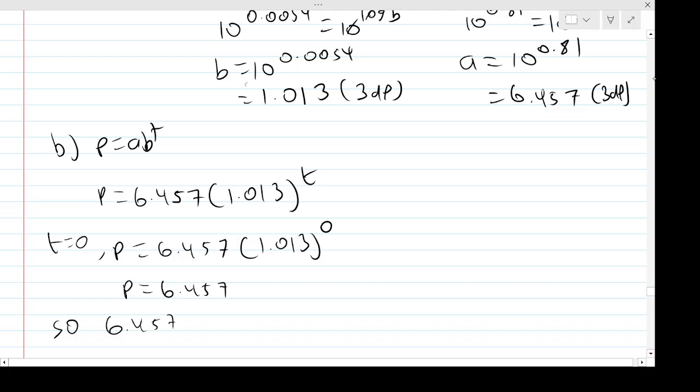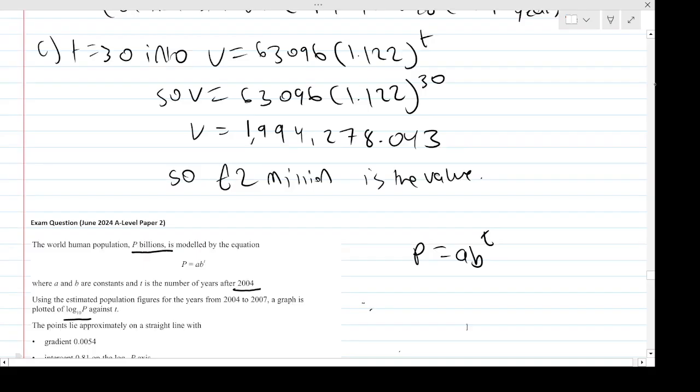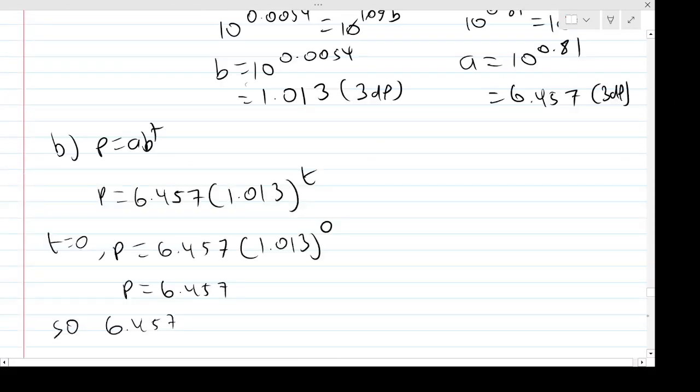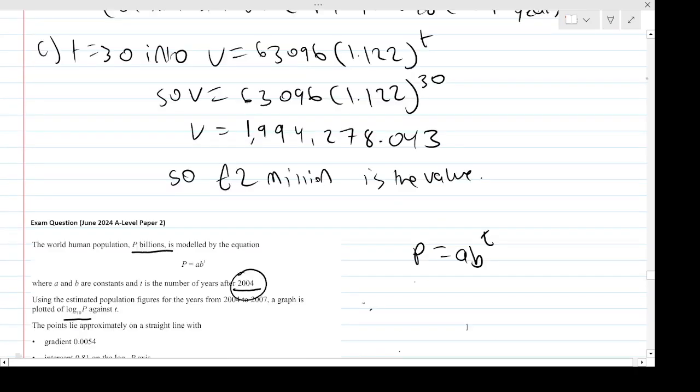Now, remember, it's in billions, right? The population in billions. So 6.457 billion is, well, not the initial population necessarily, it's the initial value, but it's when T is 0, which is year 2004.